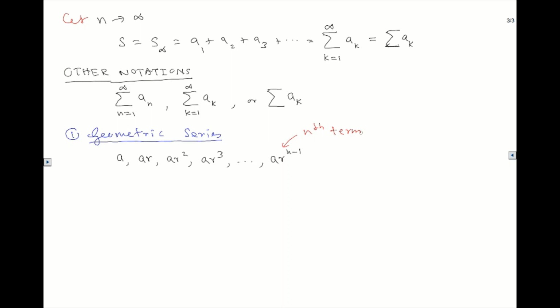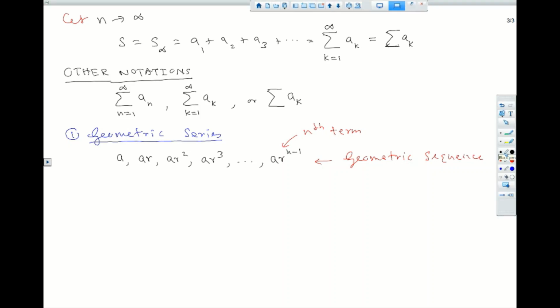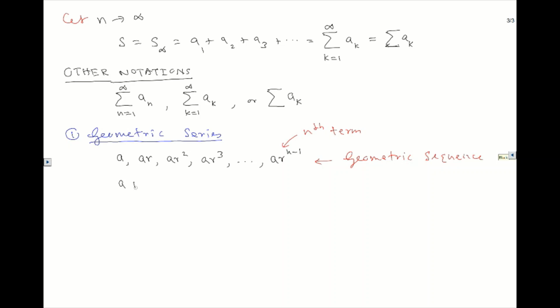This is what we call the geometric sequence. And then we can add the terms. When you add the terms, we have a plus ar plus ar squared, like that.